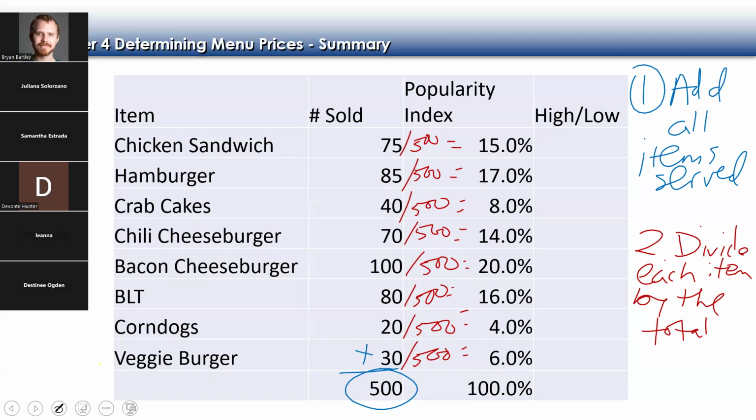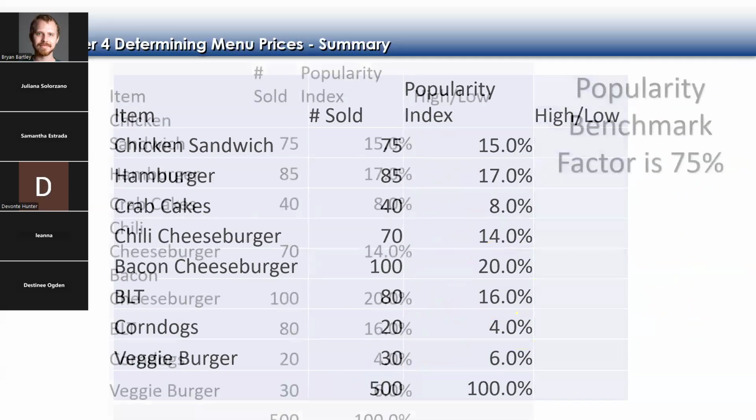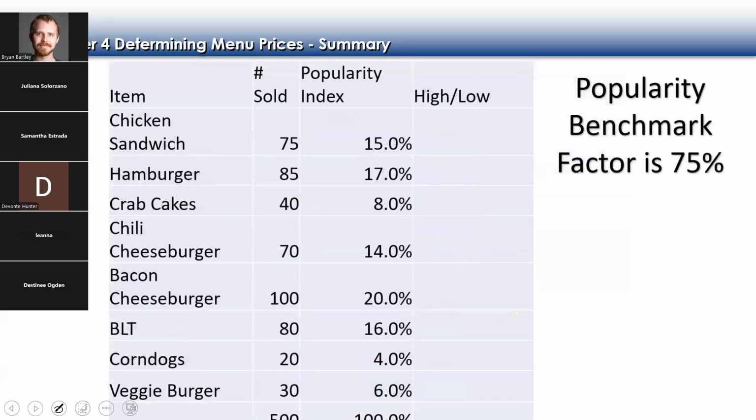Which one of these has the highest percentage? Bacon cheeseburger. The bacon cheeseburger is at 20%. And the lowest are corn dogs at 4%. That's our high and low. What about the ones in between? Okay. Let's talk about it.